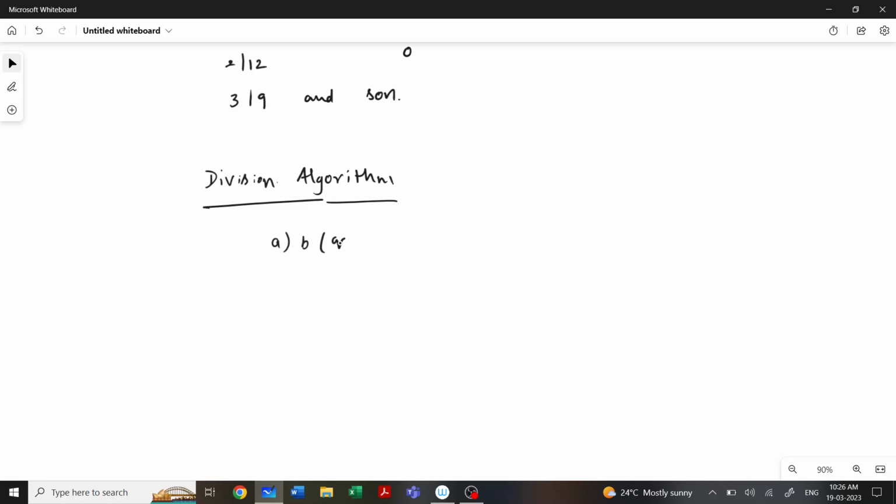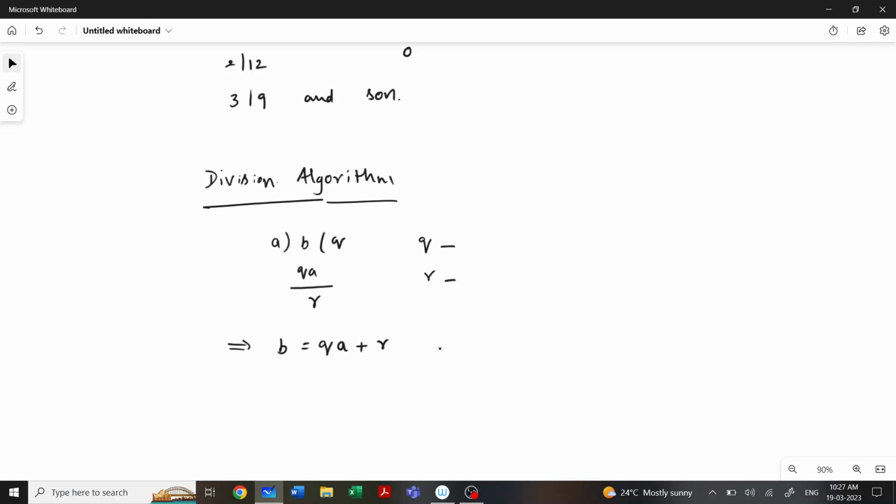I multiply by q, which becomes q times a, and we get the remainder r. This is the usual process, middle school level; we learn division in this way. Here q is called the quotient, and r is called the remainder.